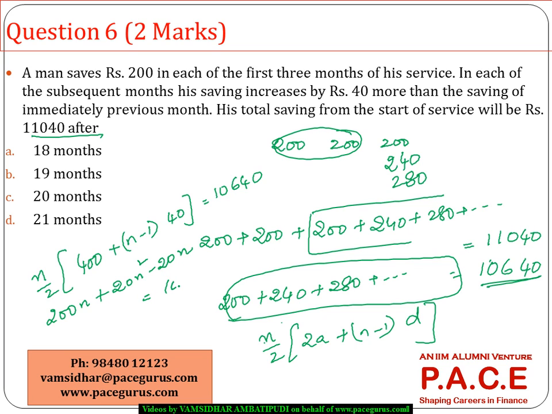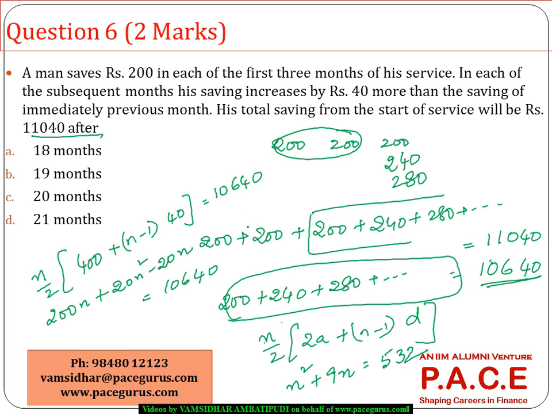equal to 10,640. So simplification wise, if I take out 20, n squared plus 9n, and if I start taking out 20 even from this number, it is becoming 532.